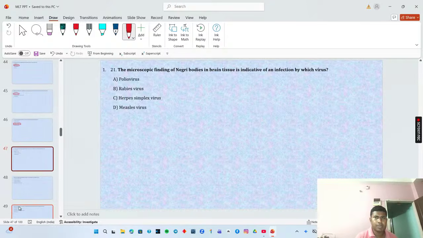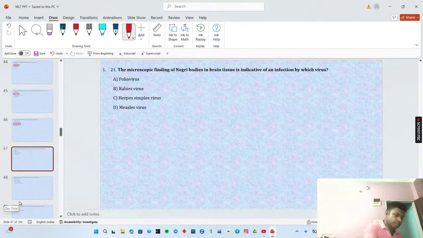Negri bodies in brain tissue. If we find a microscopic finding of Negri bodies in brain tissue, it is indicative of an infection by which virus?